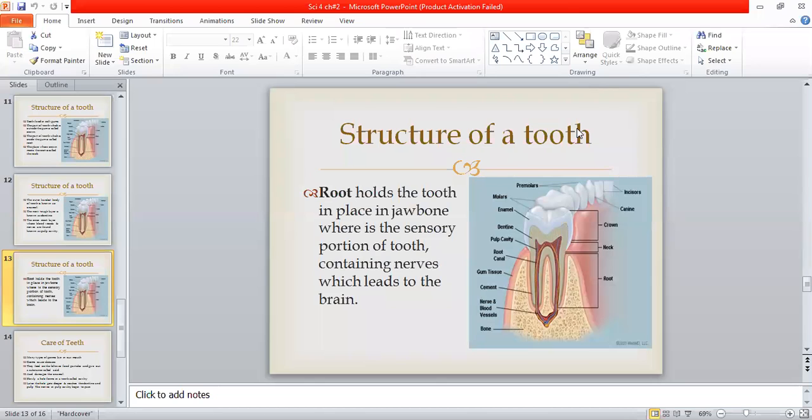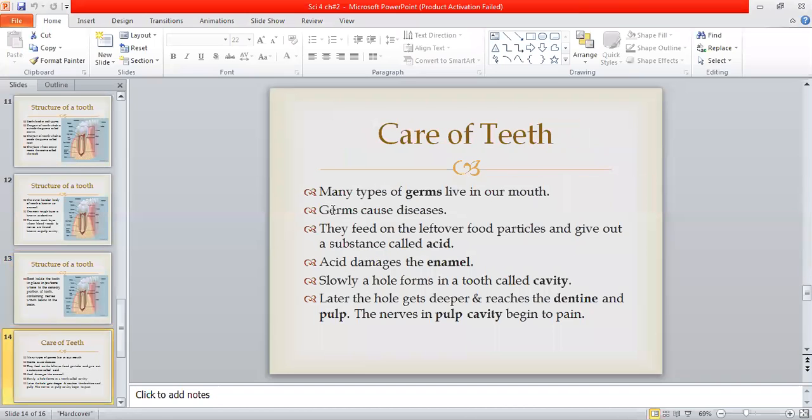The root also holds the tooth in the jaw bones. As I told you, the outer layer is visible, and the area which is not visible is known as the root. So how are you going to take care of your teeth? As you all know, there are many types of germs.